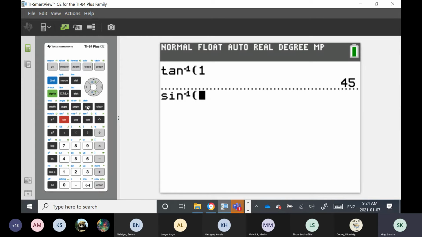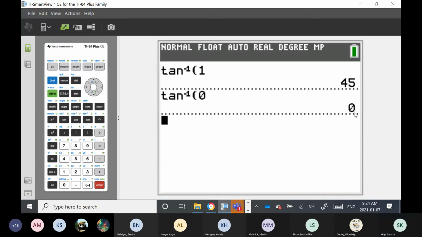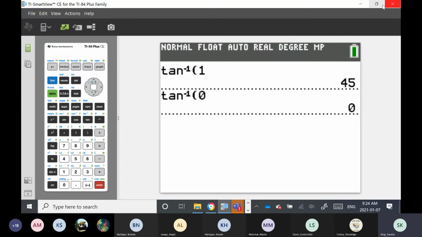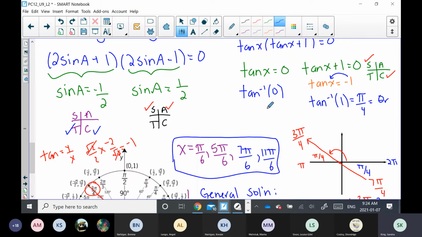You just look for the y or for the x. The reference angle would be 0 degrees. Okay, so what that means, I'll show you what that means. So 0 degrees, which is my reference angle.